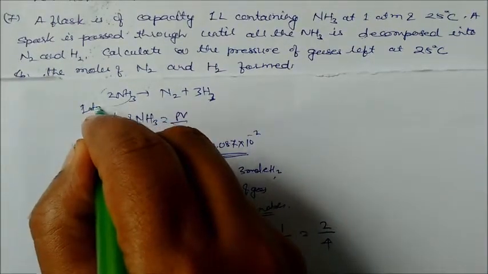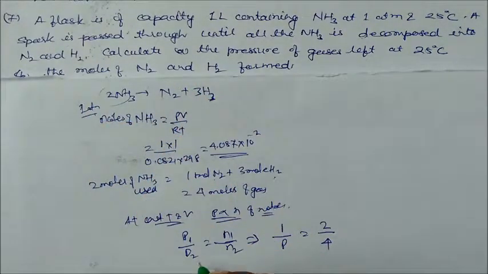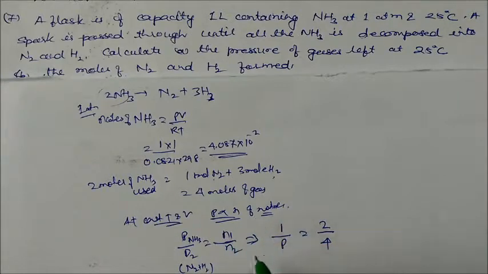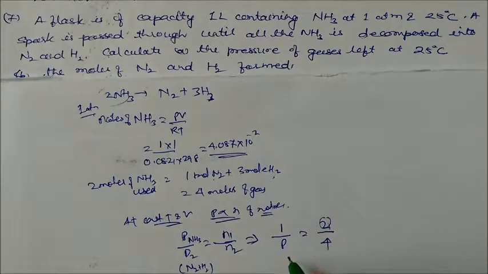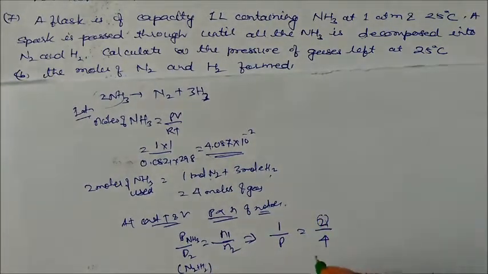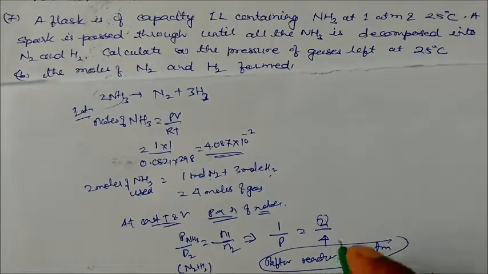Initially the ratio was 2 moles of ammonia, and after the decomposition it becomes 4 moles. So we can write that the pressure after the reaction is 2 atmospheres. It becomes doubled.